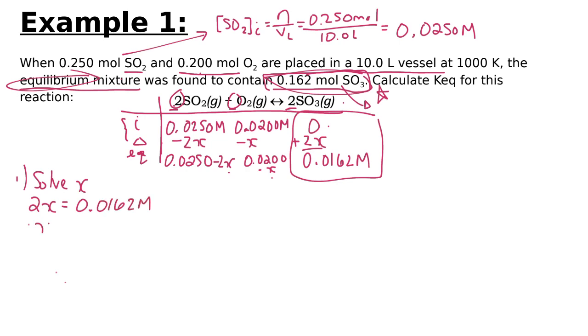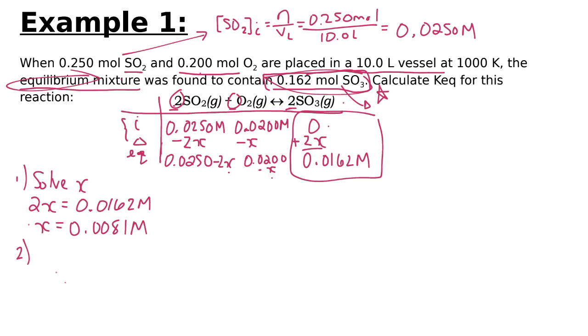So this is a good thing. And all we have to do is take that 0.0162 molar and divide by 2. And then my x term is equal to 0.0081 molar.